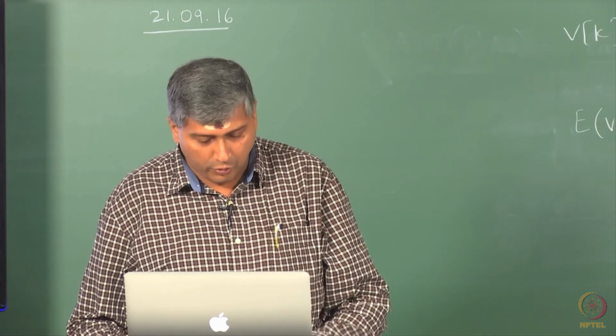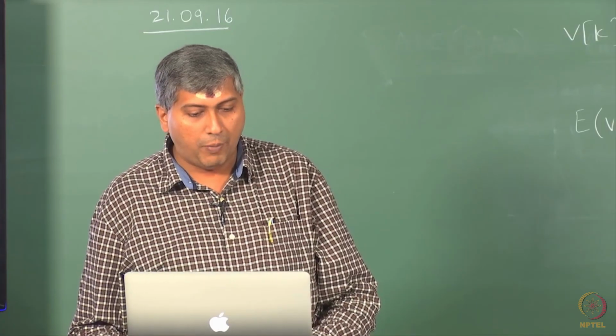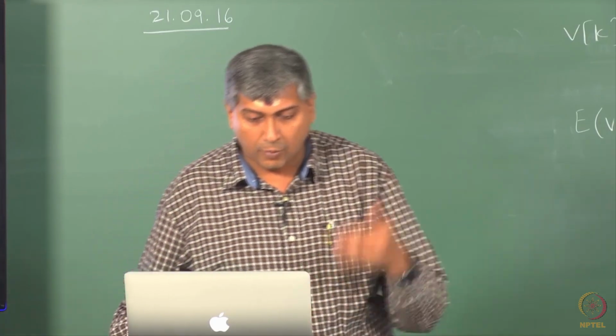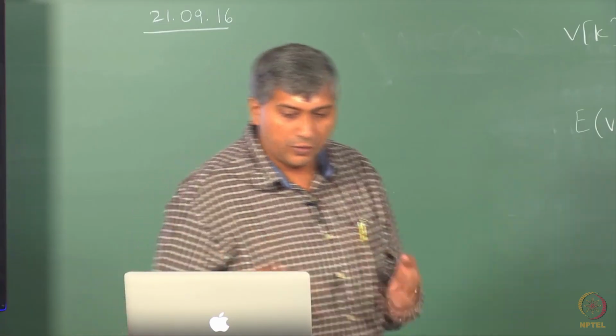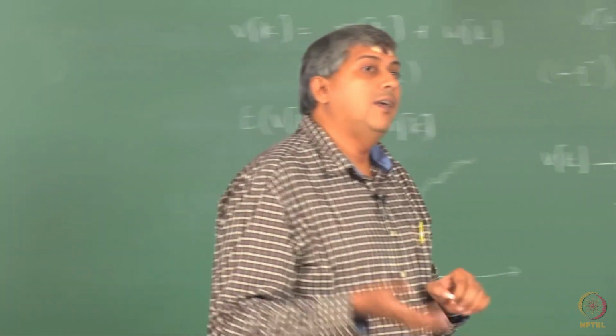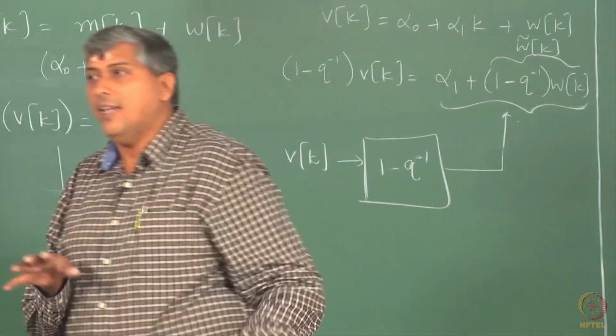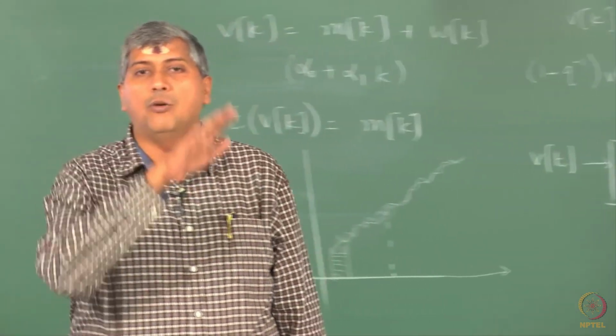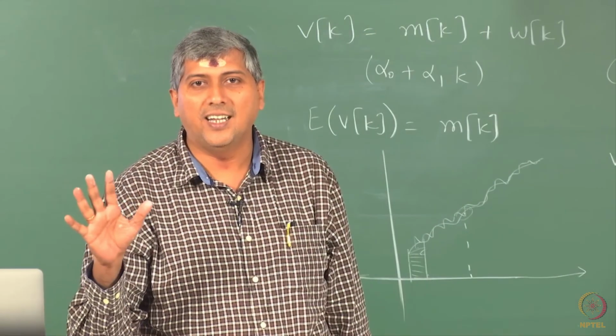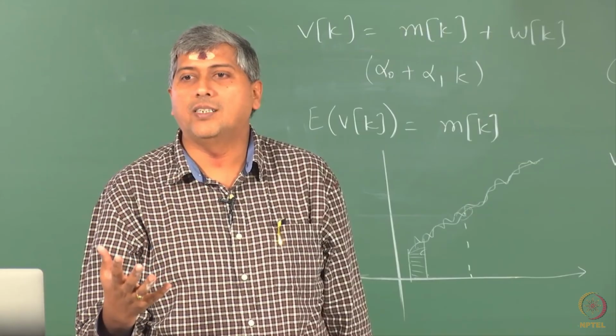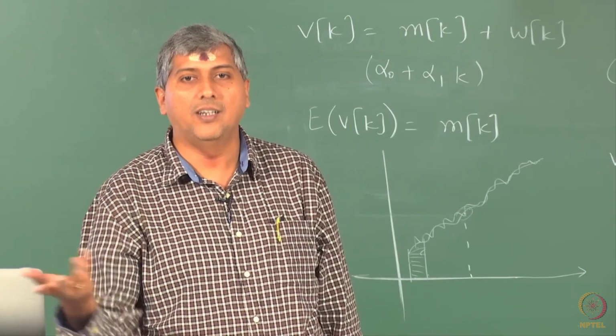So, when we come back tomorrow, we will complete this discussion and talk about methods of differencing in the context of random walk processes. There differencing is absolutely the way to go. If you know there is an integrating effect, the differencing operation is one of the standard solutions.